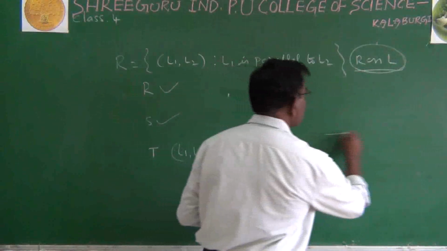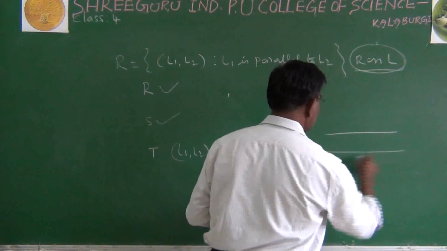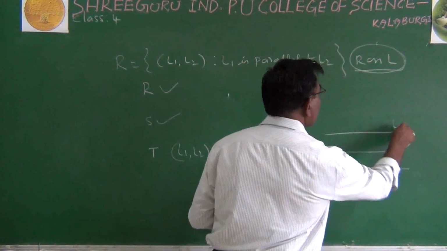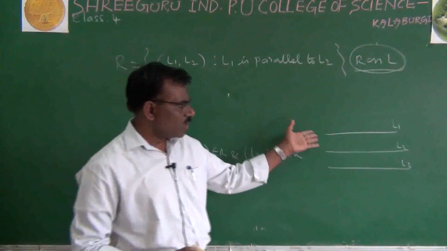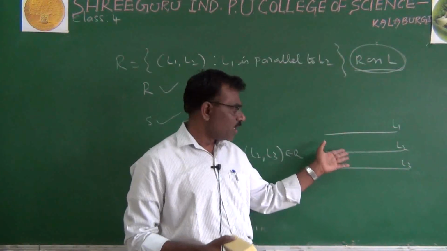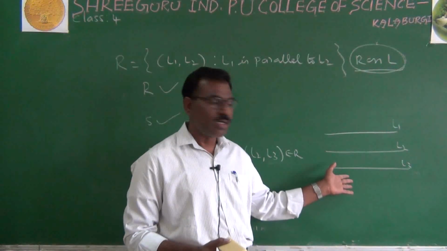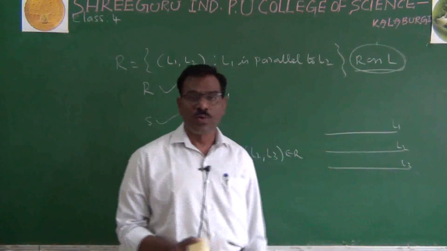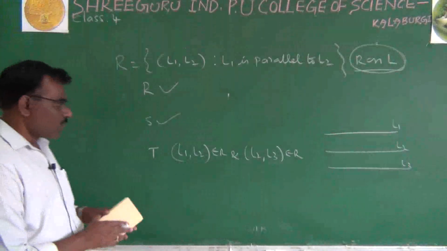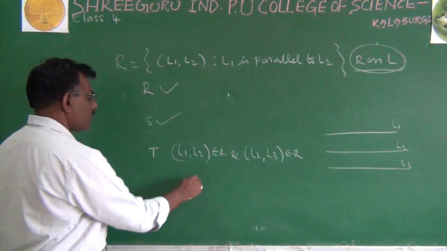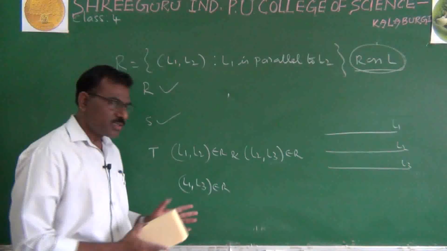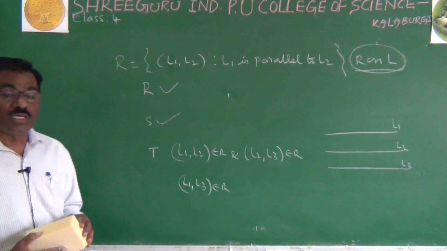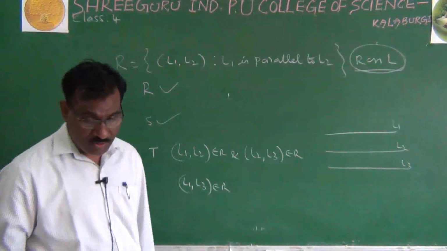There are three straight lines, L1, L2, L3. You see, L1 is parallel to L2, L2 is parallel to L3, so automatically L1 is parallel to L3. So L1, L3 belongs to R. Hence the relation R is an equivalence relation.